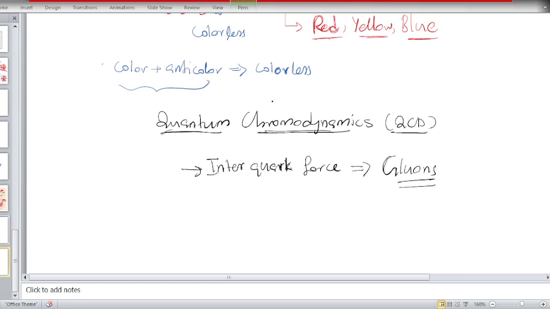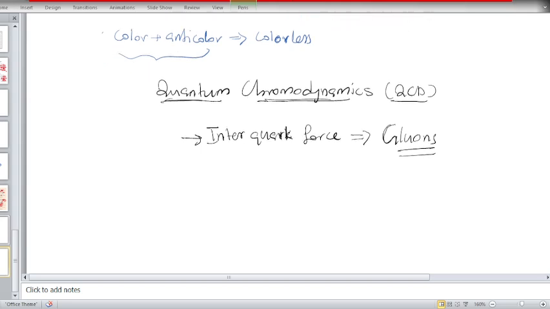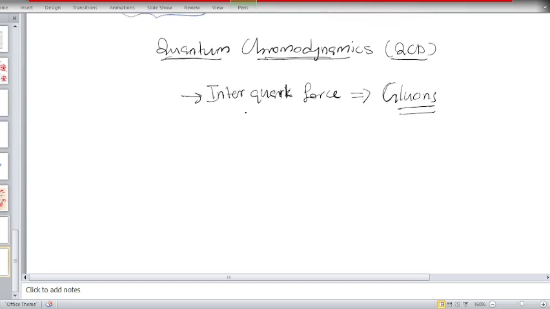So what are the different gluons that are responsible for this force between each of these quarks? There is a total of 8 gluons.